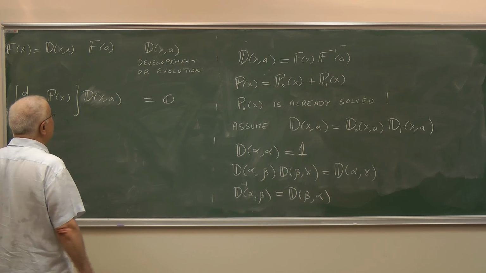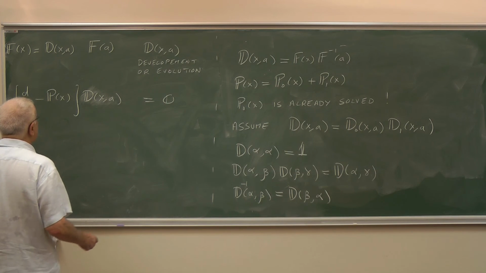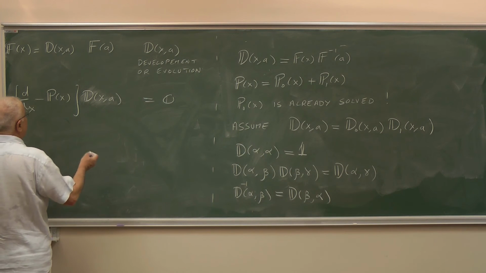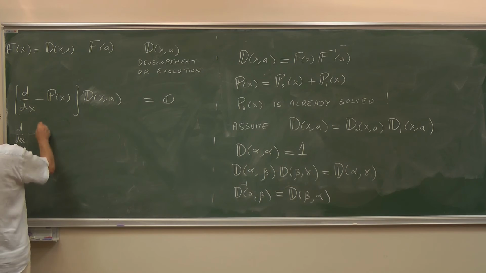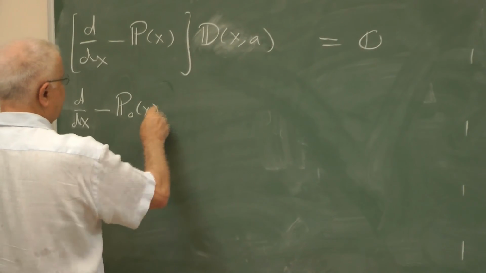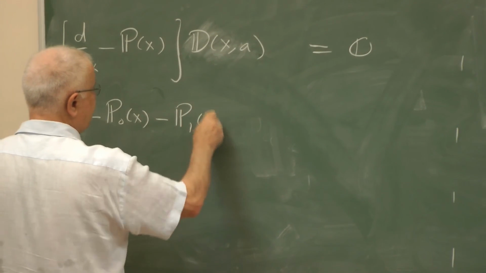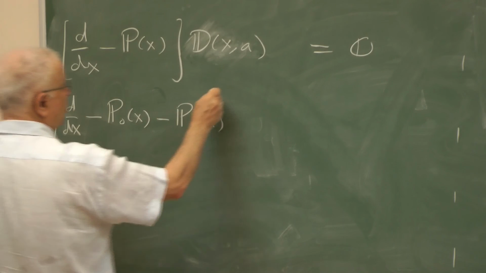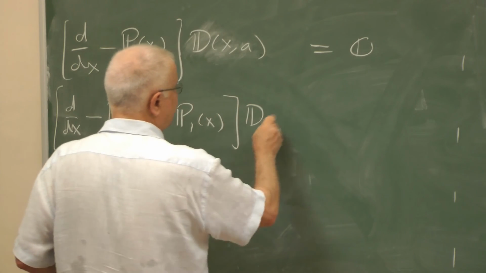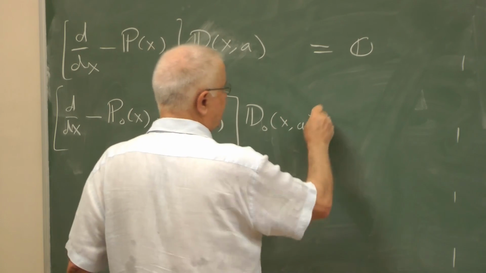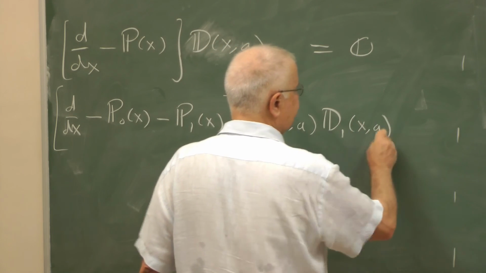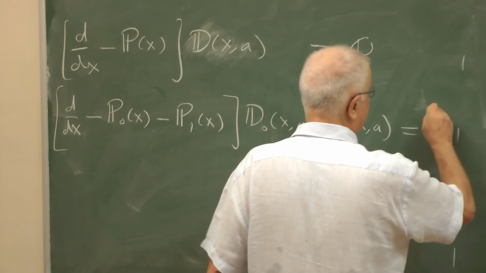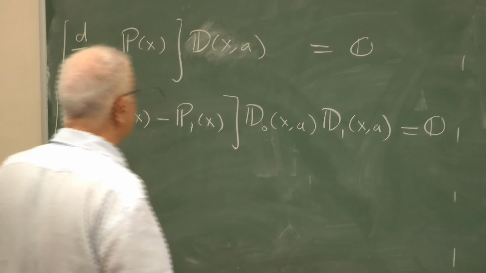So I'm ready to write this as d dx minus p0 of x minus p1 of x, hitting d0 of xa times d1 of xa, and to get 0.